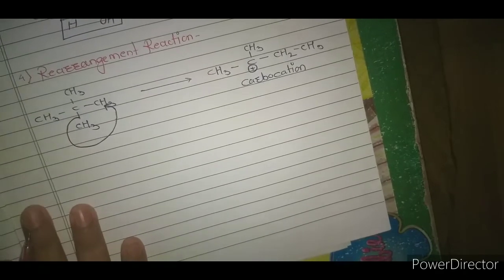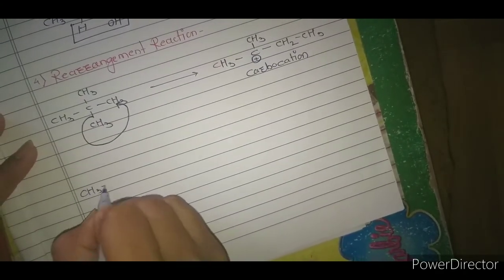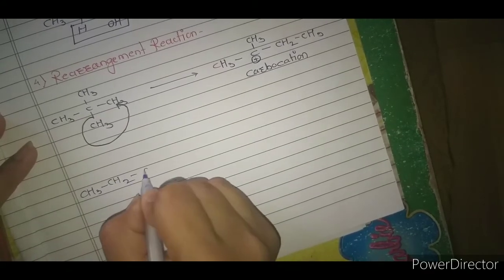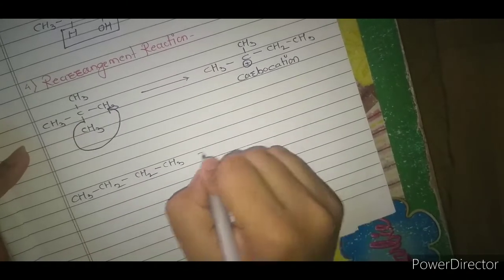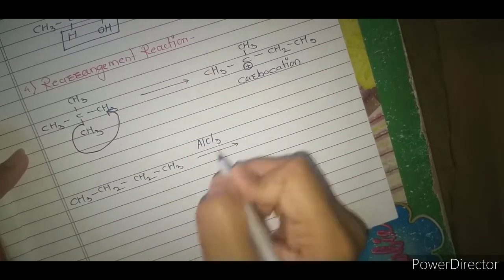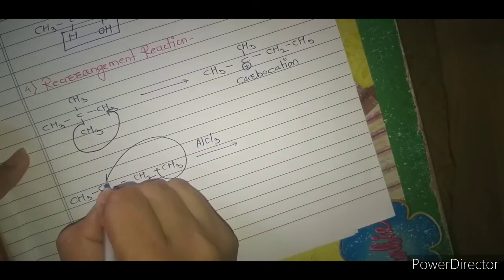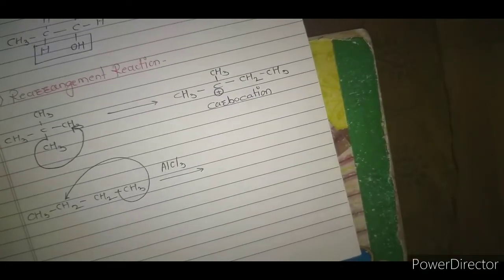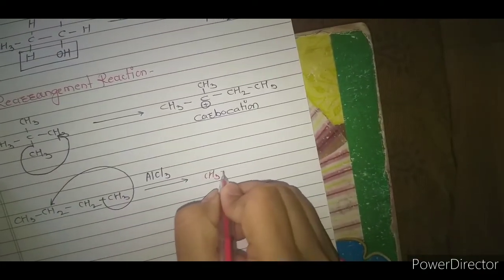Okay. Next example of rearrangement is, so in presence of AlCl3, the methyl group shifted towards the next carbon atom and forms this compound.